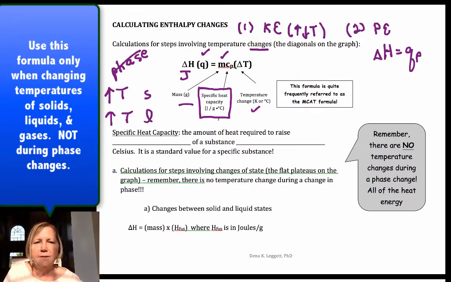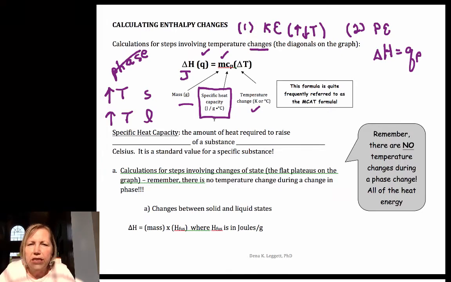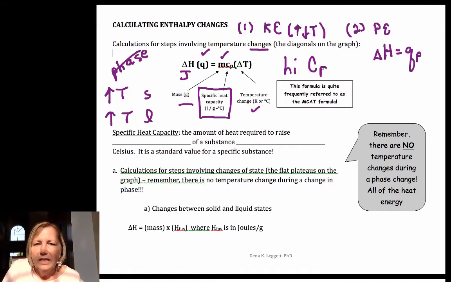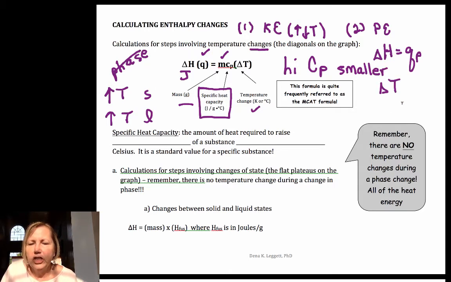Let's look at this constant. It's called the specific heat capacity. Capacity is an ability to. And so in this case, it's the ability to suck in or release heat without changing temperature. So things with a high heat capacity, you can add a lot of heat and you'll have a smaller change in temperature.